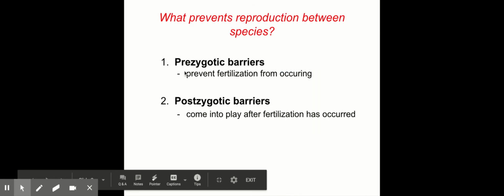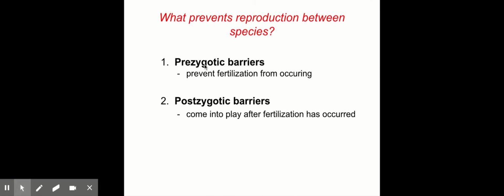These are the ones that kick in before fertilization can occur. So pre meaning before, zygotic referring to a zygote that is formed during fertilization. These prezygotic barriers are barriers that prevent fertilization from occurring between individuals of different species.